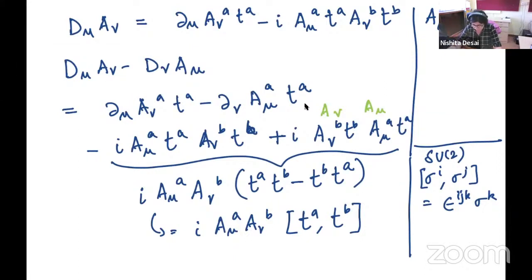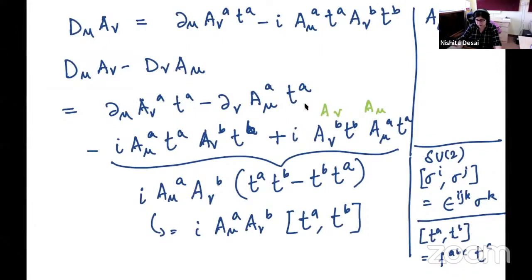To keep it general, instead of using this epsilon and sigma notation, the common notation is to use these f^ABC, T^C, where f^ABC are like these epsilon matrices. Okay.